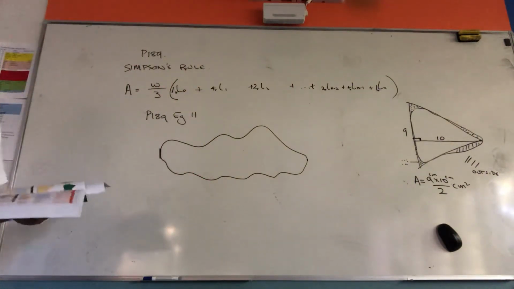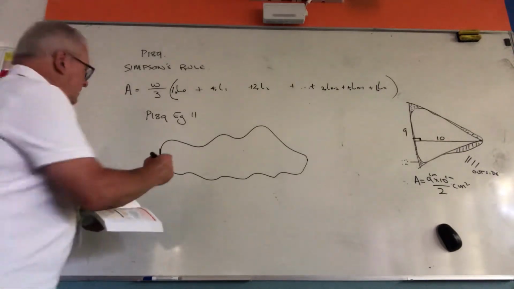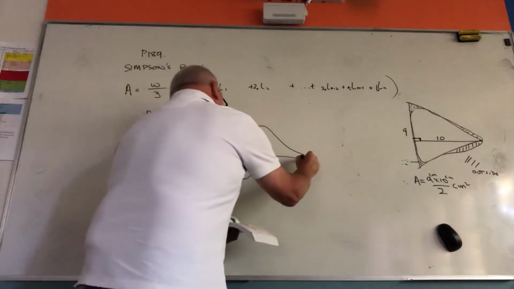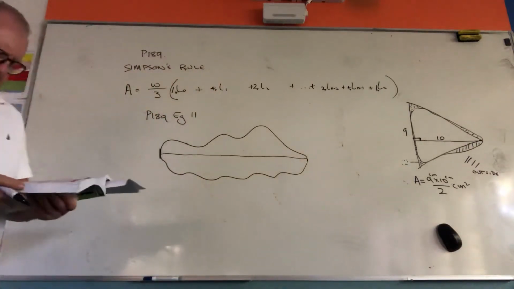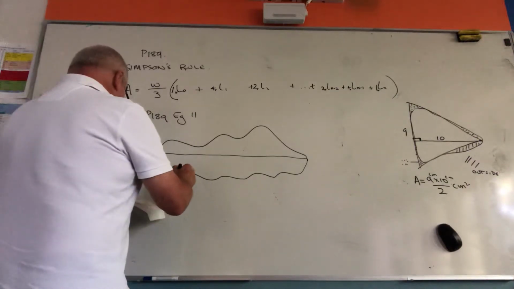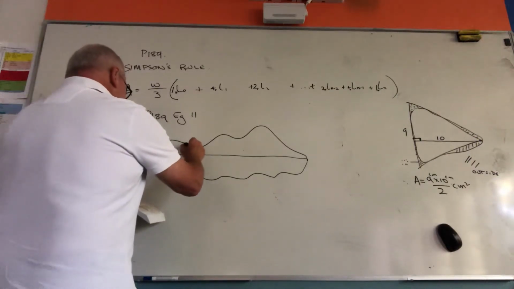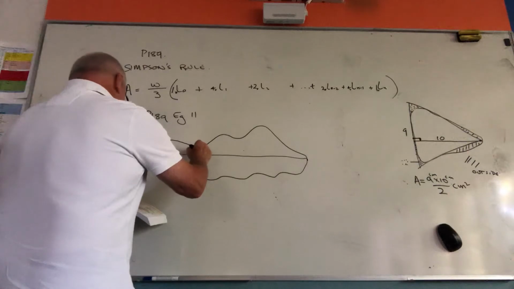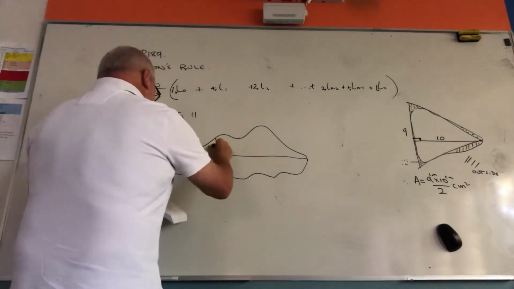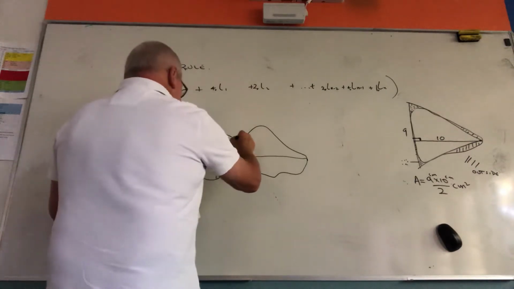So Lex, does that make sense to you? Yeah. So now we draw a straight line in the middle. It's as straight as I can get it. Now, they've got here, the first line is 6 metres. The next line is 7 metres. The next line is 9 metres.